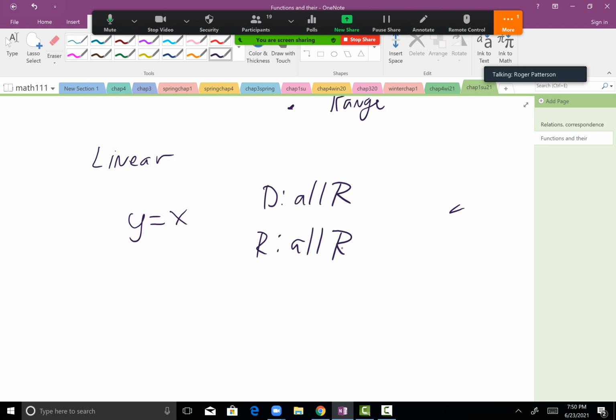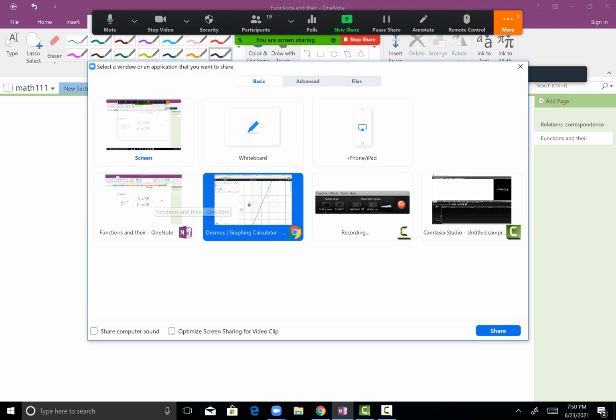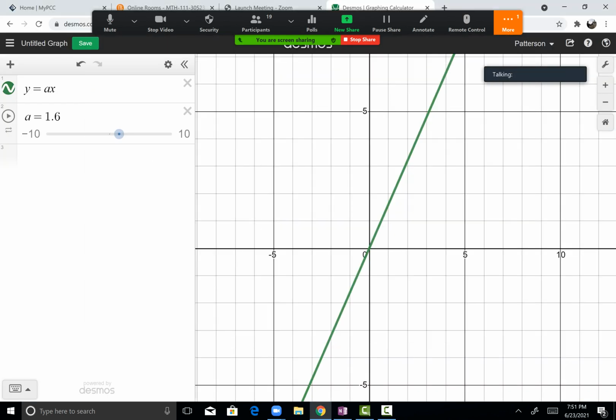So now what I'm going to do is go to the next set of functions. All right. So I'm going to go back into Desmos here. And I'll come back to this screen. Okay, and I'm going to put an x squared on there.